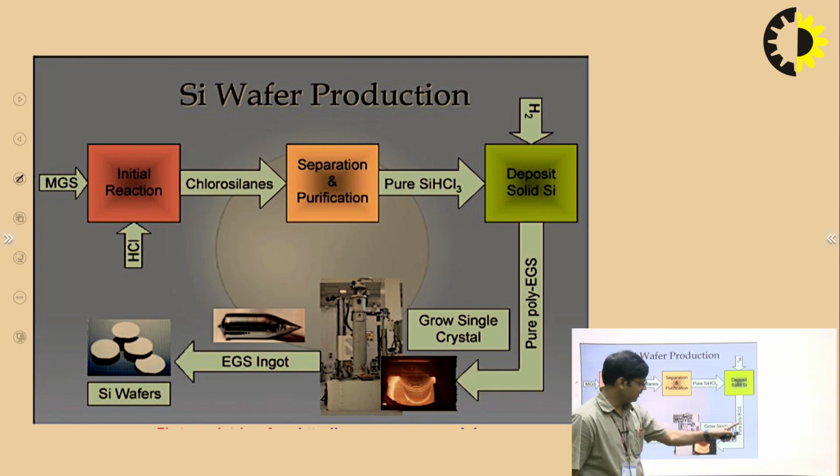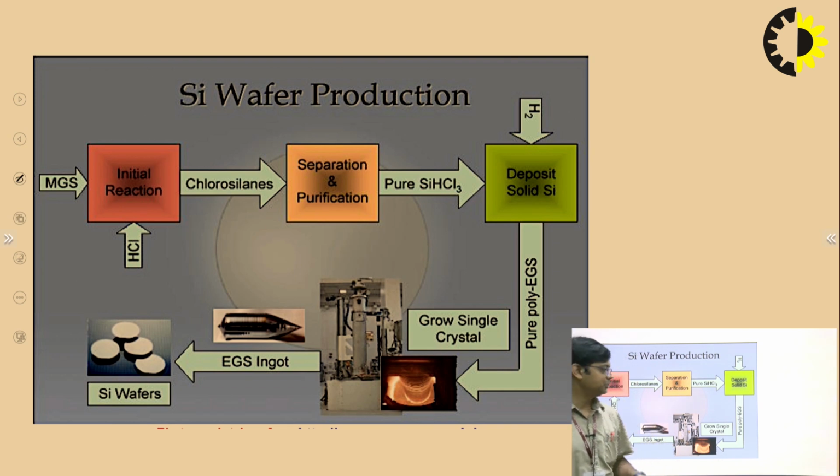Now this polysilicon crystal, EGS, acts as a raw material to obtain single crystal silicon, and this single crystal silicon is obtained by a process which is known as the CZ process.